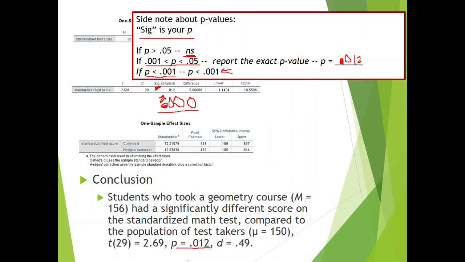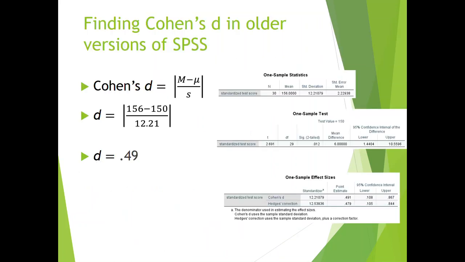And finally, I wanted to give a side note just for those of you who might be working with an older version of SPSS that does not automatically calculate the measure of effect size for you. If you're in that situation, you actually can very easily calculate Cohen's d on your own.